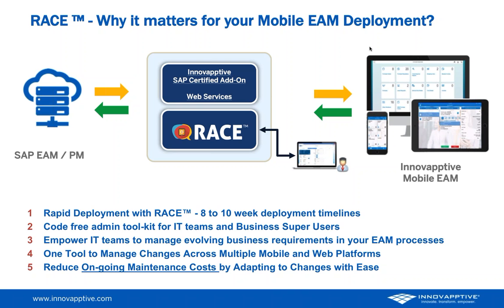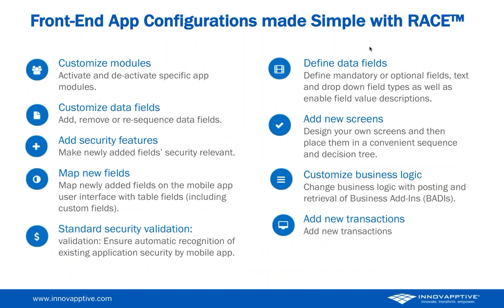So one change, and that disperses across all the multiple platforms. So at the end of the day, it's time to market and time to value, and realizing a return on investment that doesn't take years, but instead is something that you can achieve in about 6 to 8 months. And that's essentially the value that RACE brings.